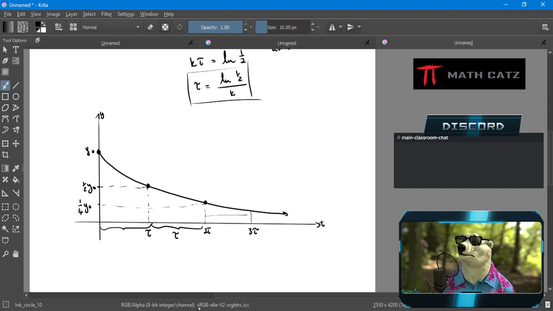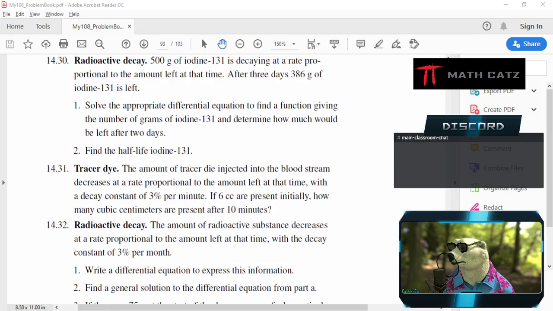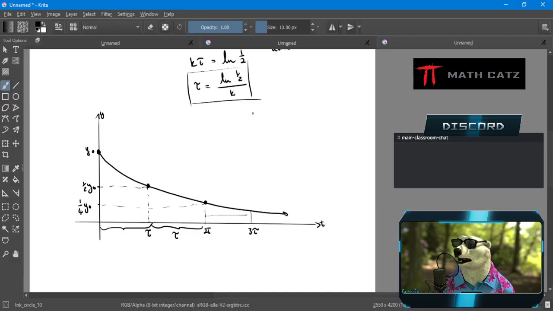So let's see that last bit of the question. Find the half-life of iodine-131. Now you see here in our example, we can now continue this for our radioactive substance. It'll be log of a half over our negative 0.086 and so on. So let's calculate that.